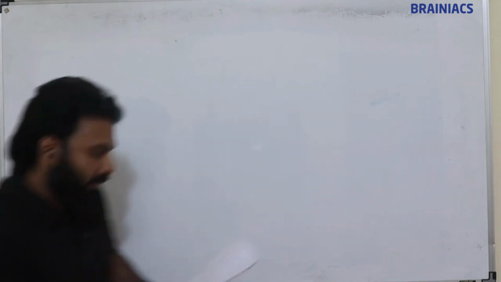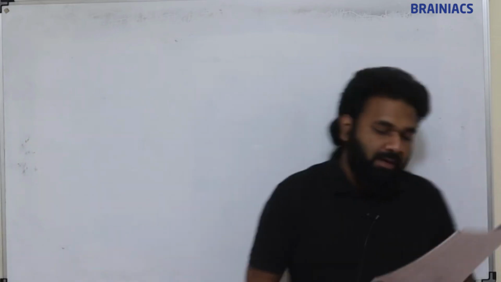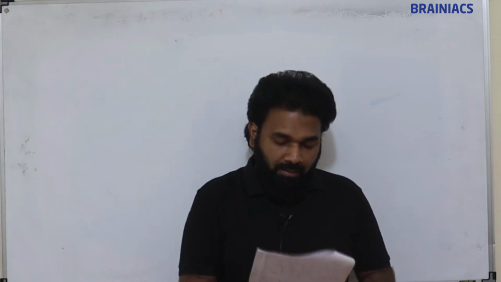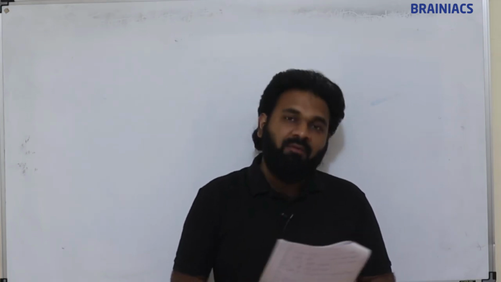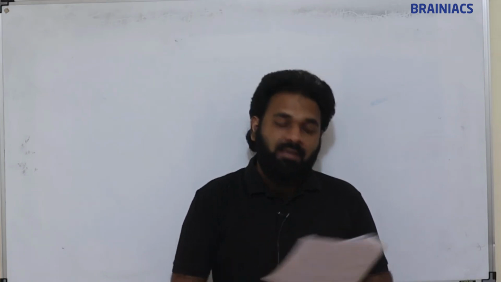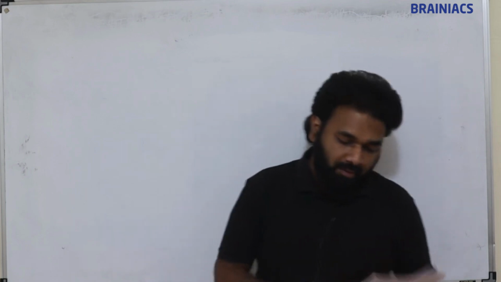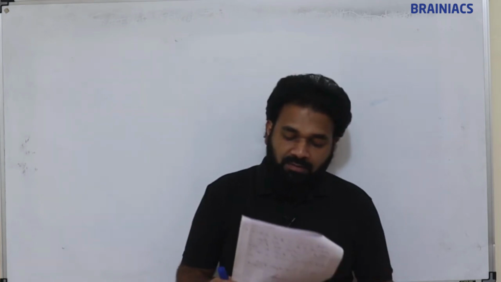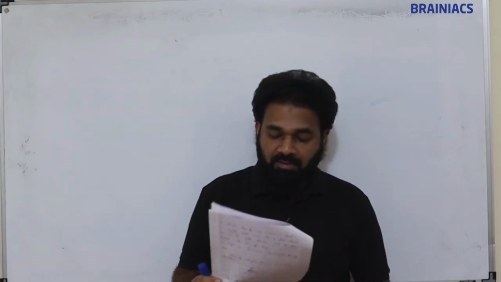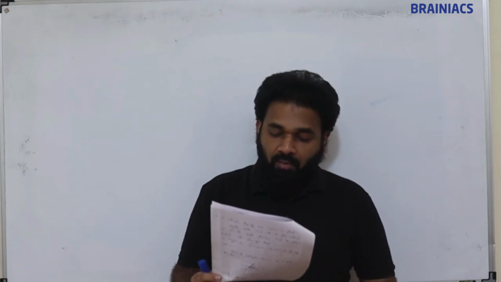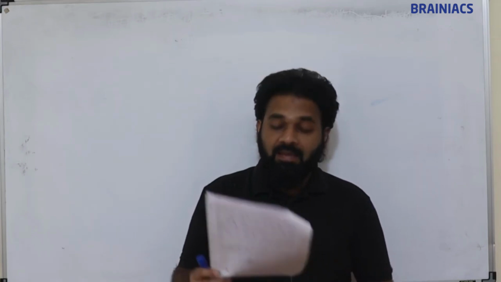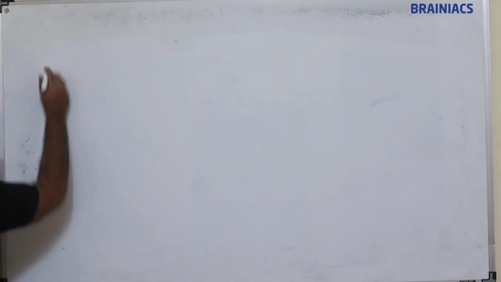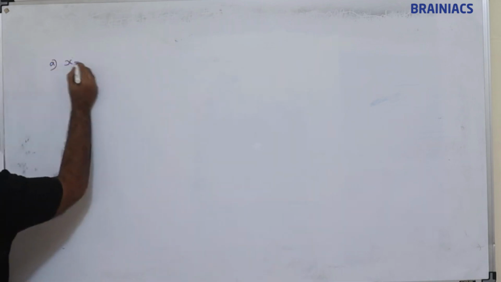At a given plane, the horizontal and vertical components of Earth's magnetic field, BH and BV, are along the X and Y axis respectively, as shown in the figure. What is the total flux of Earth's magnetic field associated with an area S, if area S is, first, A, that is the XY plane?